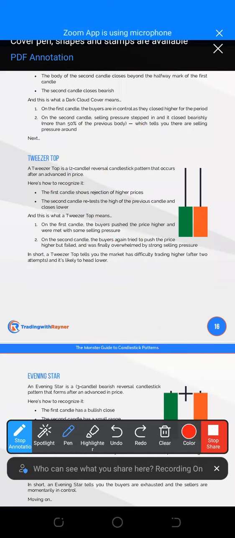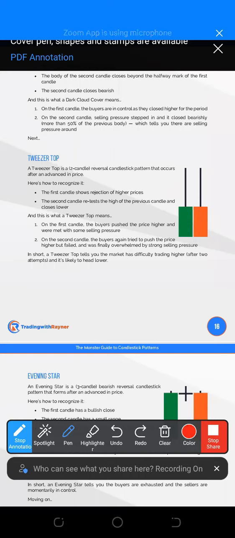I'm sure you understand. So on the first candle, the buyers pushed the price higher up to this point and were met with some selling pressure. So when selling occurred from this point up to this point, it turned into just a line and erased the body. That's what it means. On the second candle, the buyers again tried to push the price higher but failed.